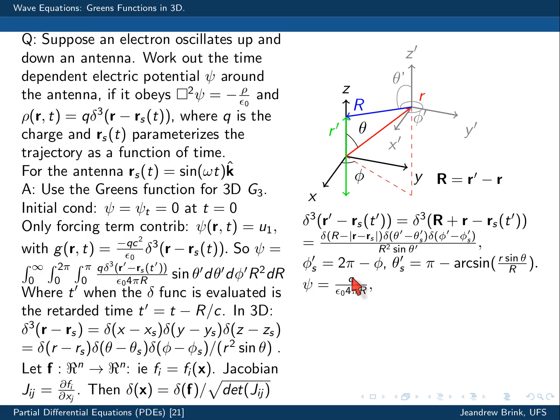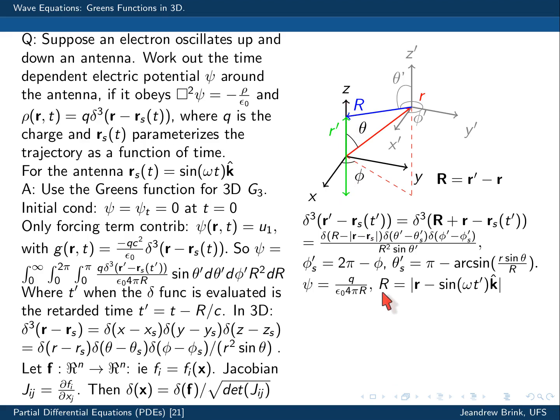So you basically have q over epsilon 0 4 pi r, but there's a catch. The place at which you evaluate r, if you look at it over here, is dependent on r prime that we know lies along here. It is the point at which you have the electron, so it's basically equal to rs.